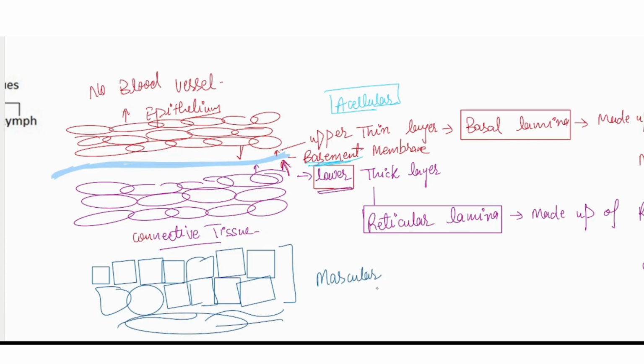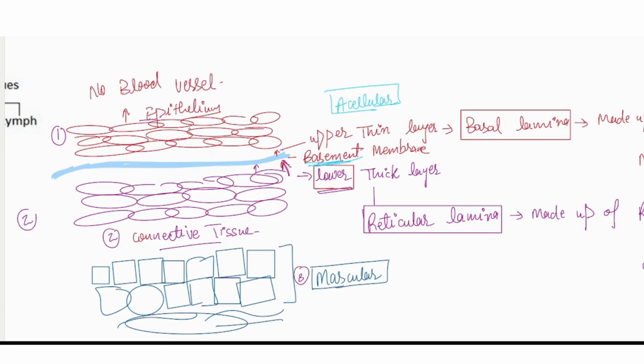We will see that next, but before that we should know which layers we have to study. First we have seen the epithelial tissue, second the connective tissue, and third we will see the muscular tissue.